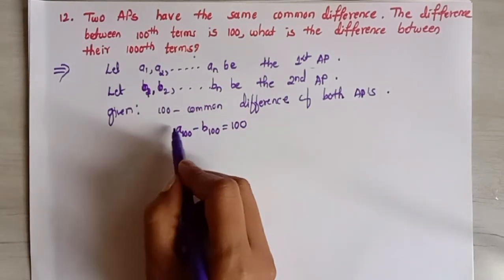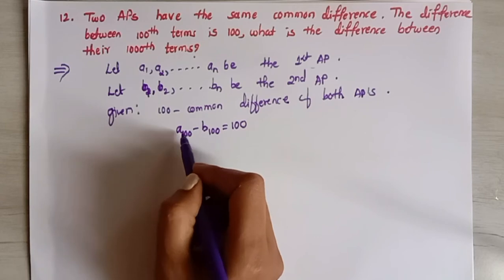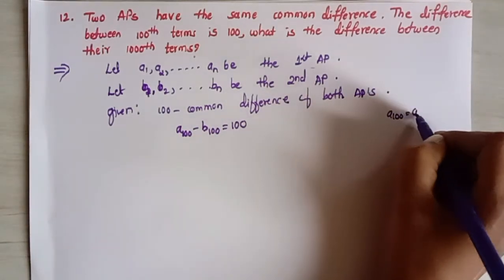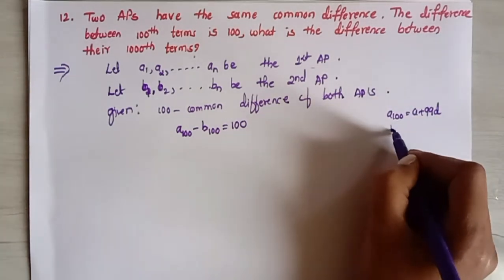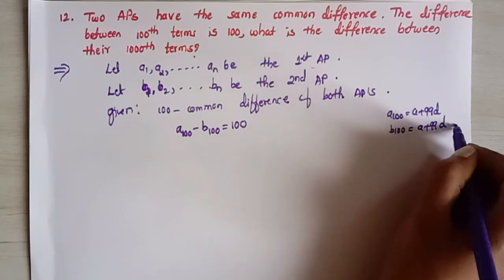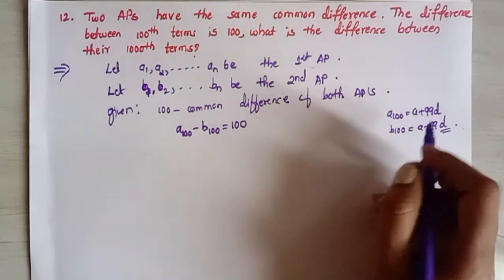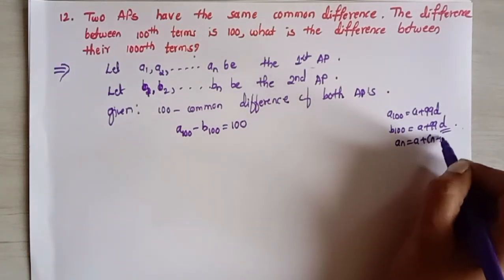So let us solve this using the general form of AP formula. What is A100? A100 is a plus 99d, right? What is B100? B100 is also a plus 99d, right? If you don't remember this, then let me tell you using the formula An equals a plus n minus 1 into d.